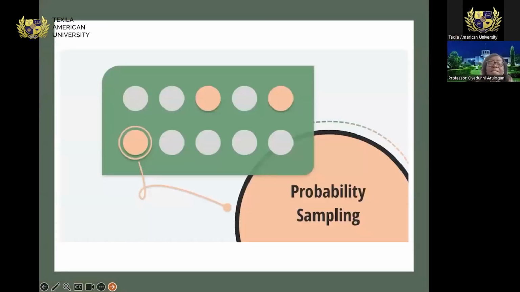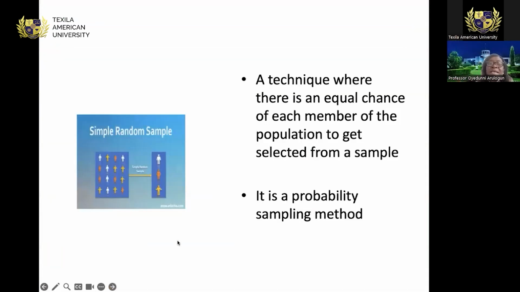Now, probability sampling. The most basic of the probability sampling is the simple random sampling. Now, the simple random sampling is a technique where there's an equal chance of each member of the population to get selected for a sample. And one good example of simple random sampling is the ballot. So you roll everybody's name, put them in a bowl, you shake it, you pick randomly.